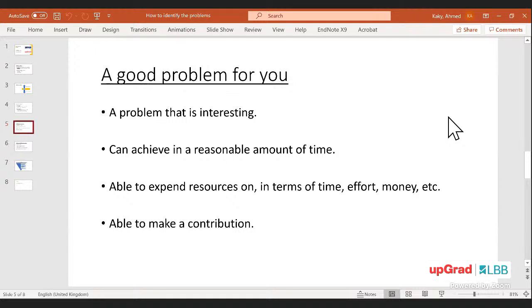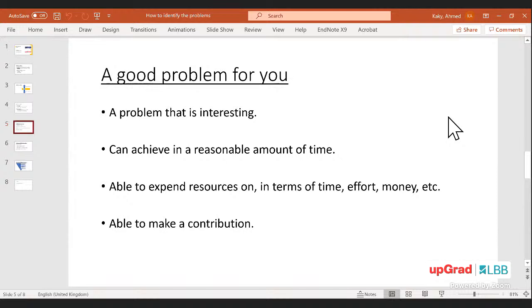So, is the problem that you would like to work on interesting for yourself? Do you feel passionate toward that kind of problem or issue that you need to work on? You can also ask yourself, can I achieve the aim in a reasonable amount of time?